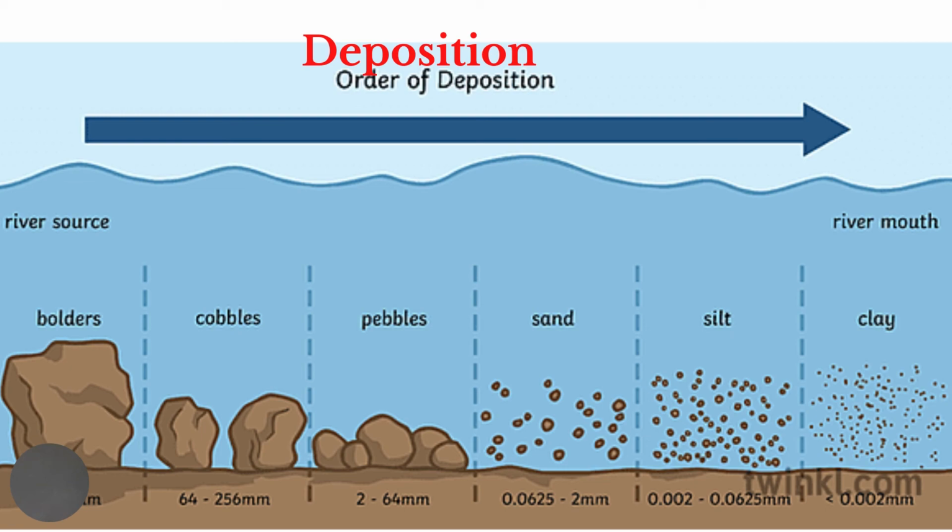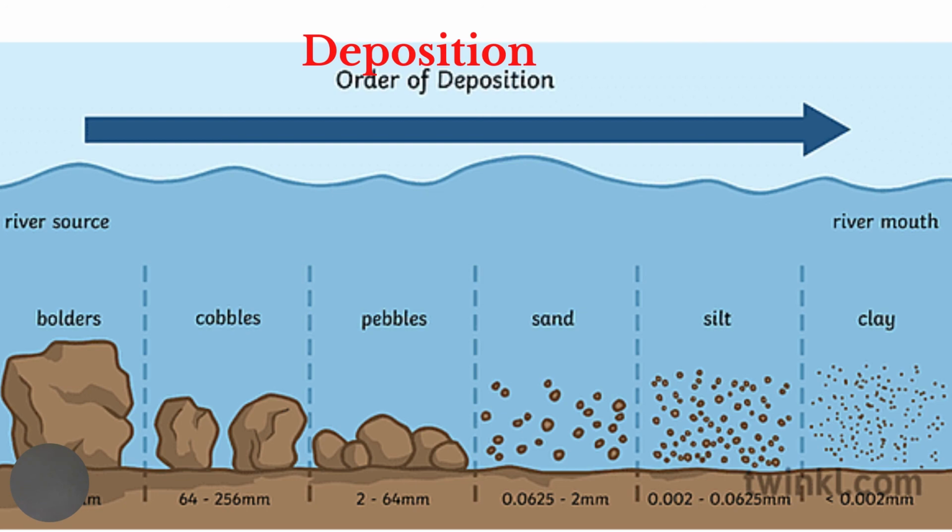It occurs when the water is shallow, such as on the inside bend of a meander. Deposition occurs where the channel is widened, which increases the friction and therefore slows down the river.